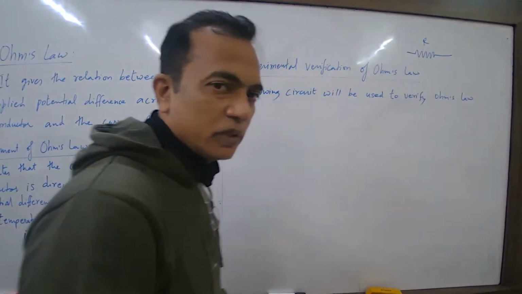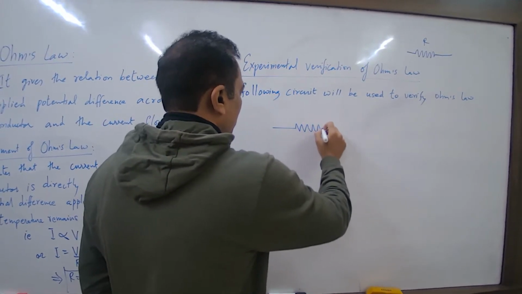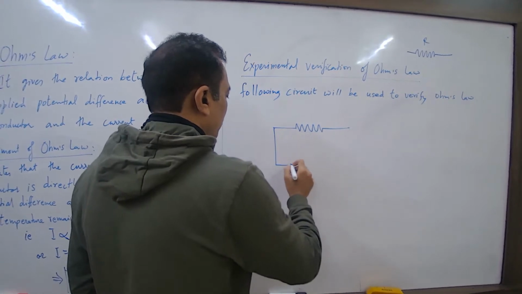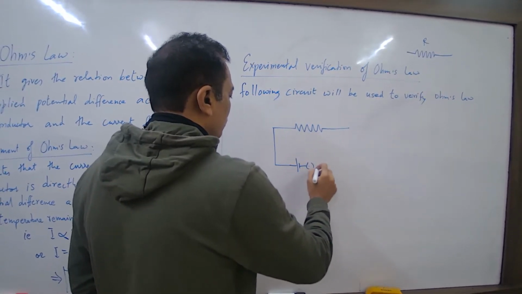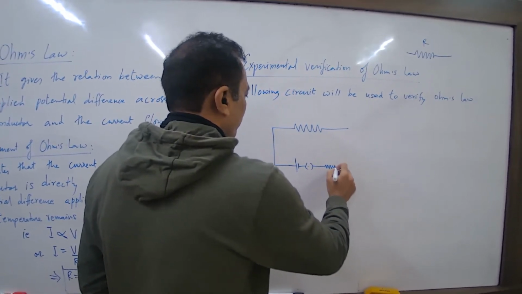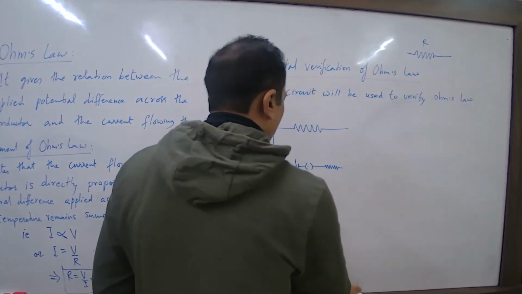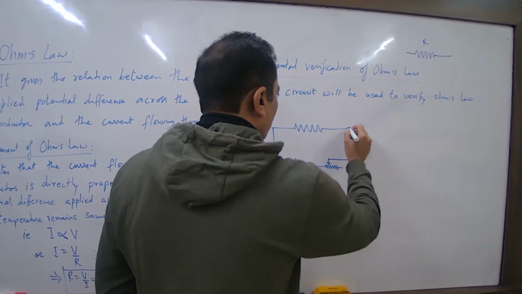Okay, so what will you do in the experiment? You will take a resistance, then you will apply a cell, because the cell is the source of current. Then you will have one jockey like this.